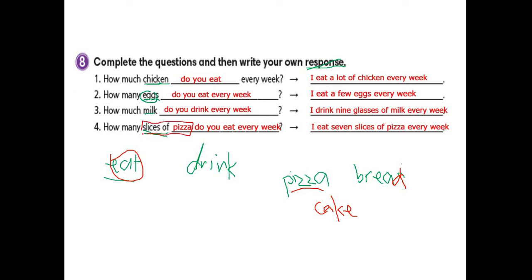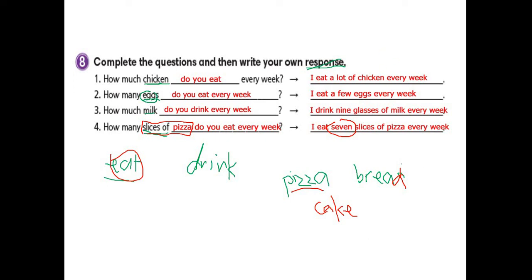So you will add the number of pieces or slices. You can just say 7, 3, 2, it depends on you, and how many slices of pizza you eat every week. Alright, so don't forget to write all the answers that you see in our discussion video in your books.